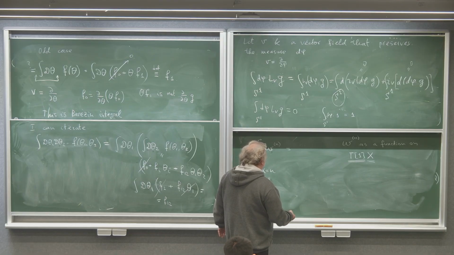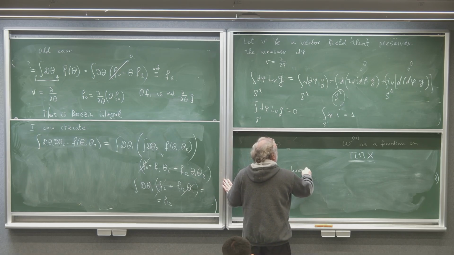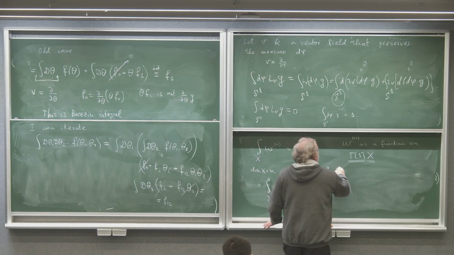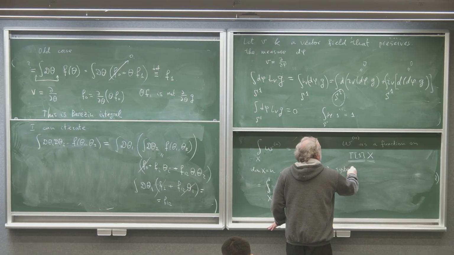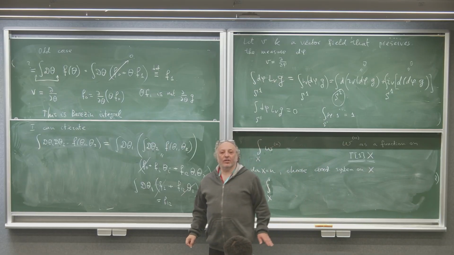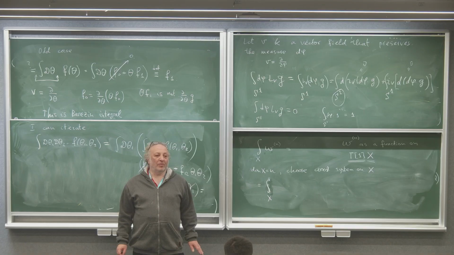Let me propose the following formula. Choose a coordinate system on it. You see, I'm very rarely using a coordinate system today. But here I would like to do it for a moment.